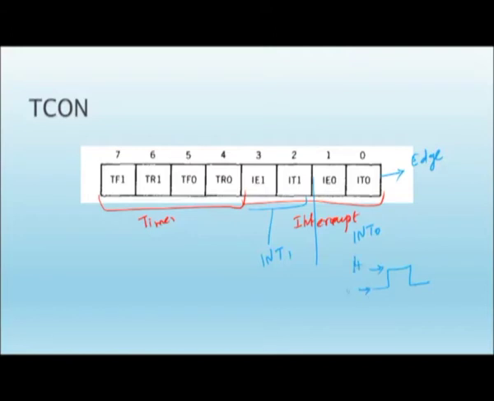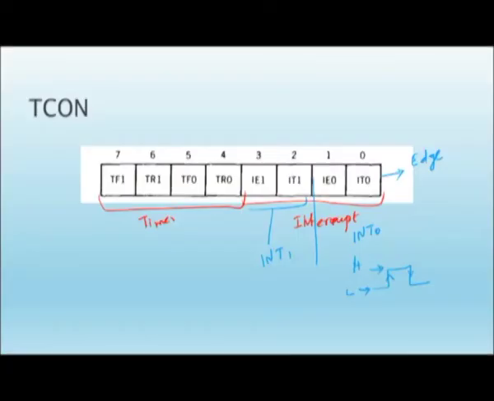Suppose you are using pulses to activate the device when the level changes from low to high or from high to low. This one is positive edge triggering, this one is negative edge triggering. Positive edge triggering indicates the level changing from low to high. Negative edge triggering indicates the level changing from high to low.